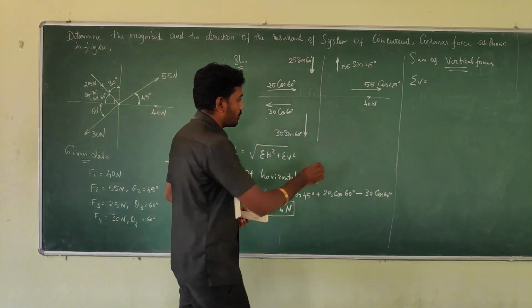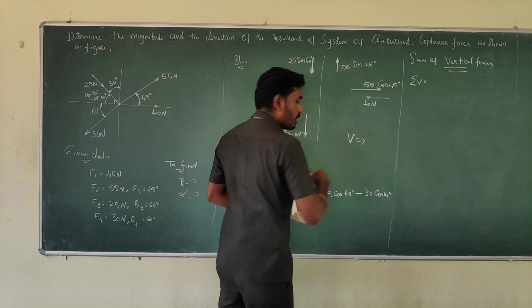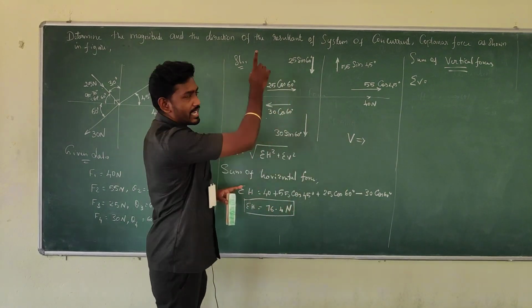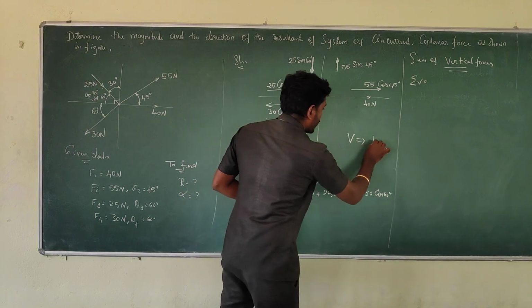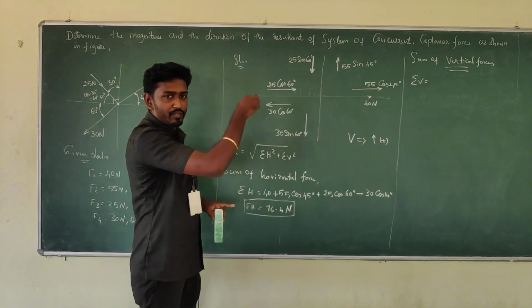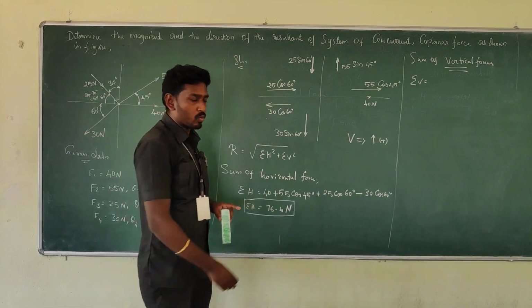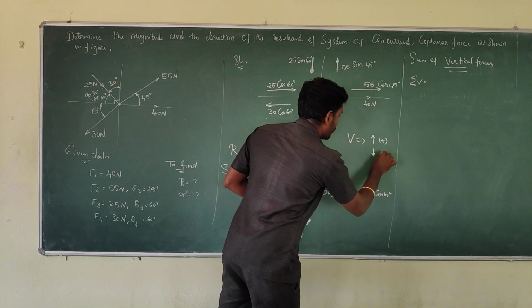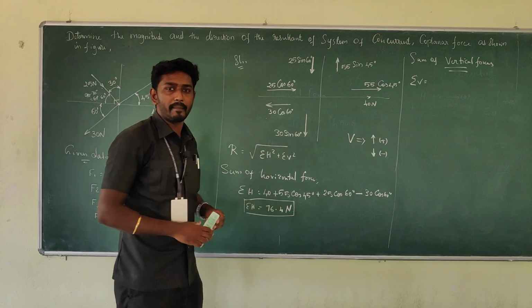Here, if the vertical force is directed upward, then the sign must be taken as positive. If the vertical force is directed downward, then we have to take it as negative sign.